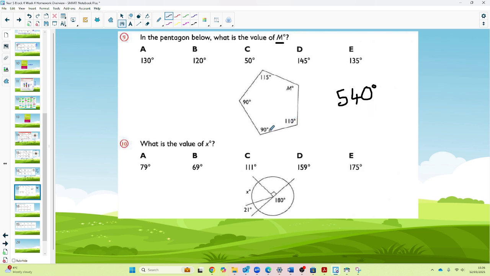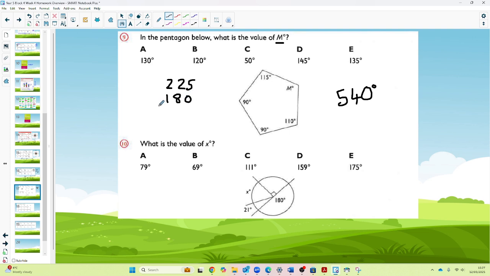But because we've only been given 4, we're going to need to add those up, and then we're going to subtract it from 540. So let's do that now. So we've got 115, 110. That's probably an easy one to start with. That gives us 225 degrees. And then we've got 2 90s, which we know makes 180.